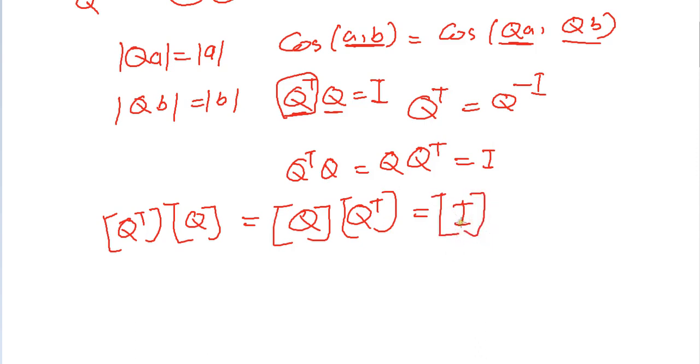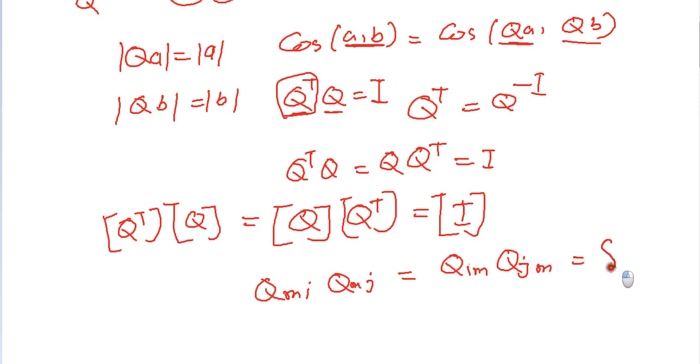In subscript notation, we can write Q_im and Q_jm, transposed, so Q_im Q_jm equals the identity matrix, or Kronecker delta. So this is all about the orthogonal tensor.